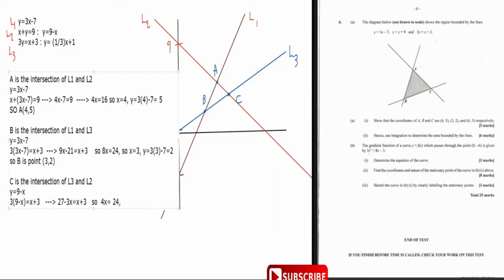And so x is equal to 6. If x is equal to 6, y is going to be 9 minus 6, which is 3. And so C is the point: x is 6, y is 3.